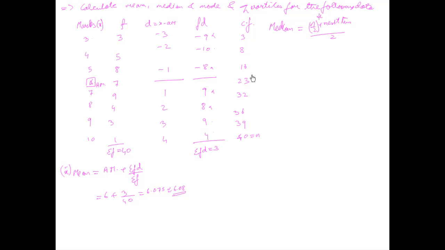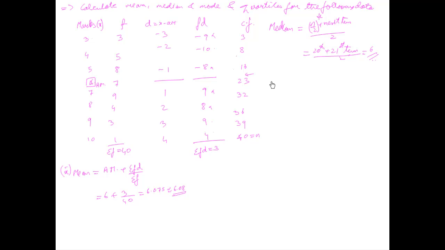This is from 0 to 3, this is from 4 to 8, this is from 9 to 16, and from 17 to 23 comes here. Both the 20th and 21st terms come here. That's 6. So this is the 20th term plus the 21st term divided by 2, which comes out to be 6 plus 6 by 2, which is simply 6.